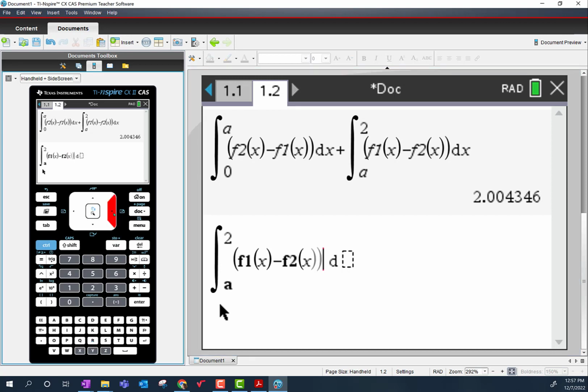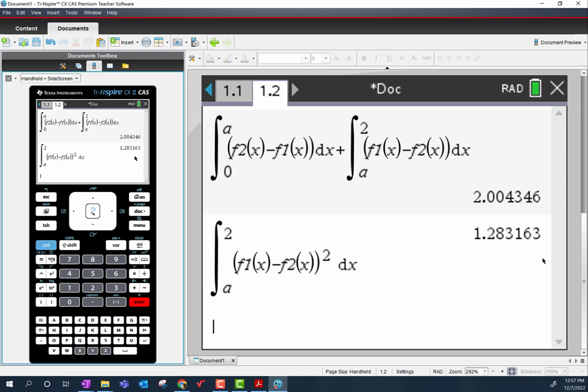And I need to square that whole business right there. I need to square the F1 minus F2 squared, and then go over here, dx. Control Enter, and we have our cross-section volume, which is 1.283.